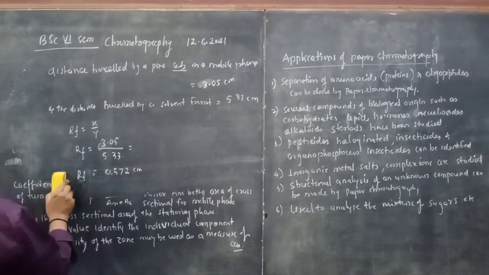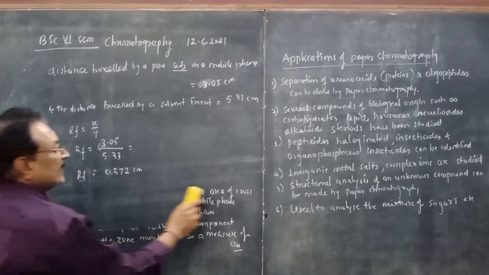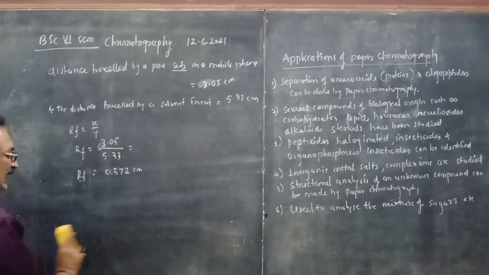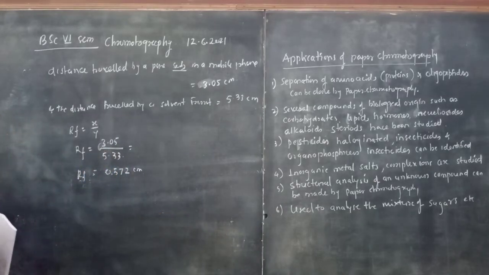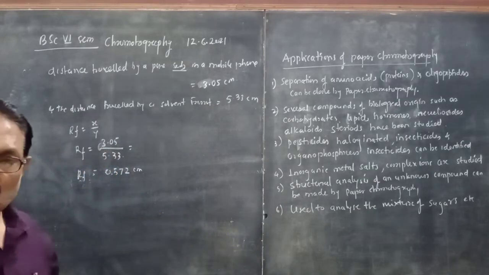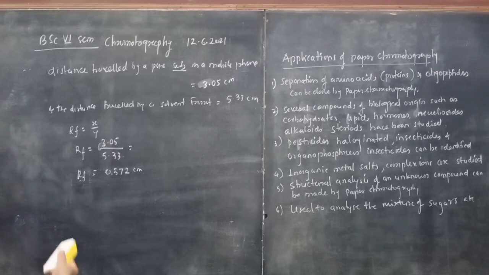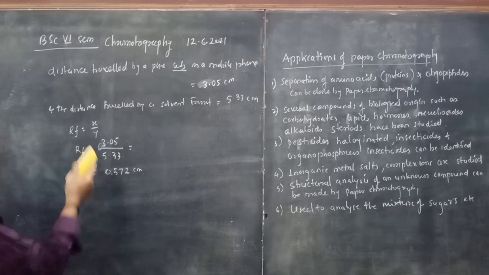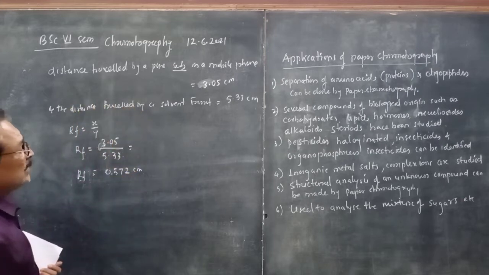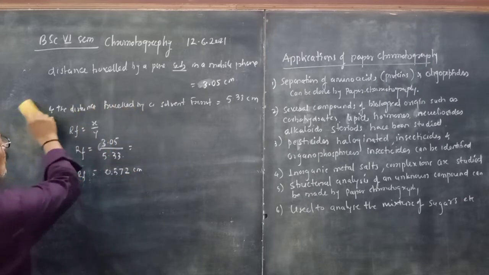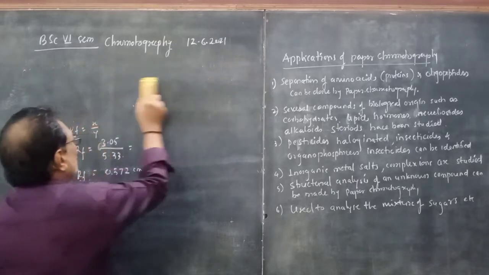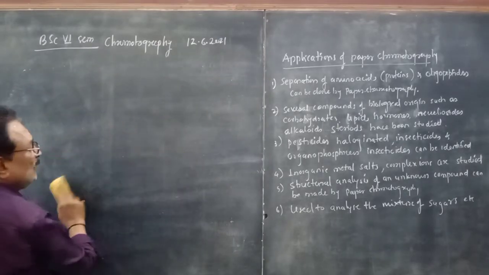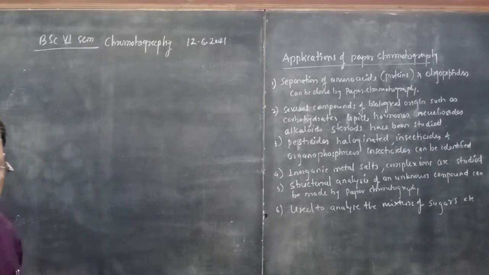If the distance traveled by the pure substance and the distance traveled by the solvent front are known to you, then RF is simply the ratio of the distance traveled by the pure substance to the distance traveled by the solvent front, and it is found to be 0.572.